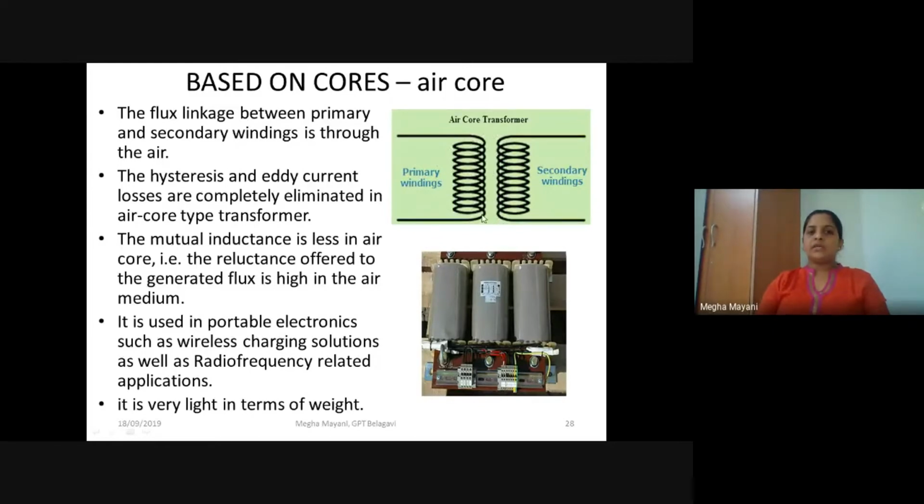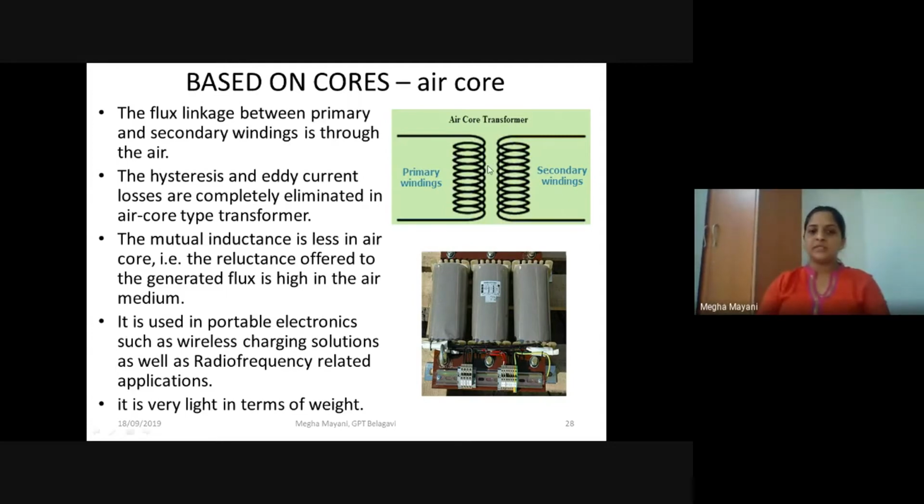So the hysteresis and eddy current losses, which we have seen previously, are completely eliminated or not at all present in air core transformers. The reluctance offered by the air medium is very high. Hence, the mutual inductance is very less in this case.